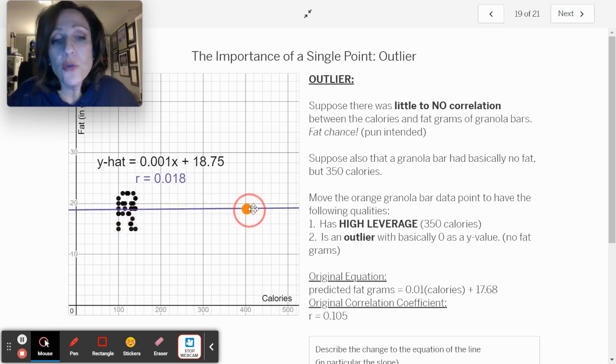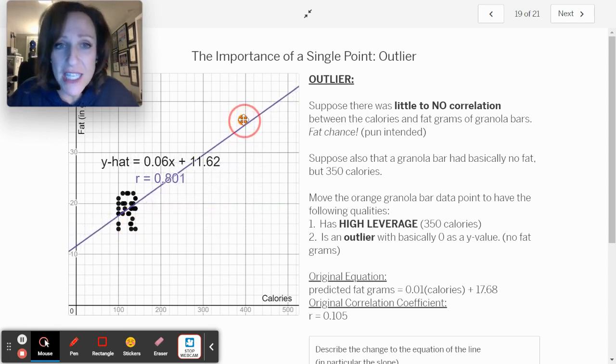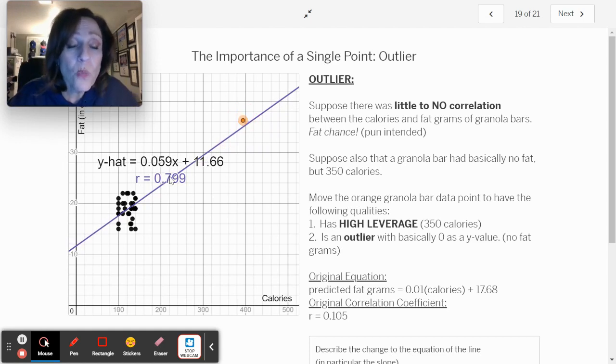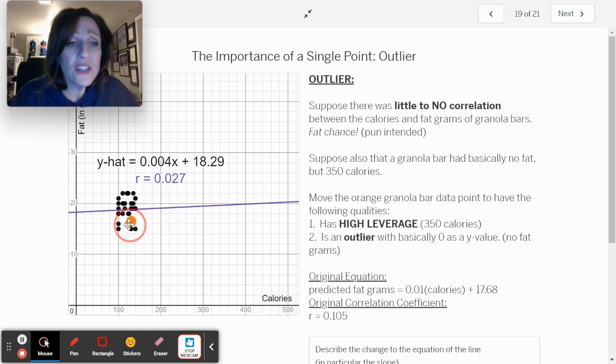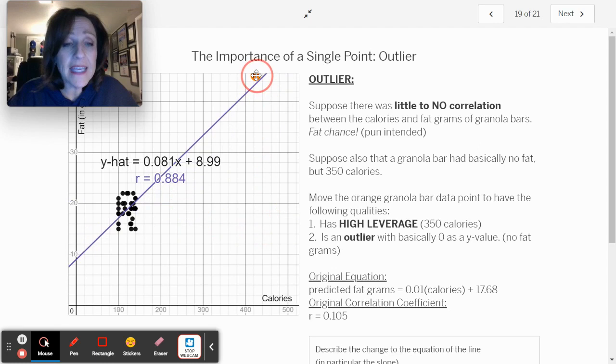He's got a huge shoe size and he's a freaking genius. So now, bam, we took something that had little to no correlation between shoe size and IQ, and that one person, Bozo the Clown, made it look like there's a strong correlation, 0.884, between your shoe size and your IQ. Strong positive linear relationship.